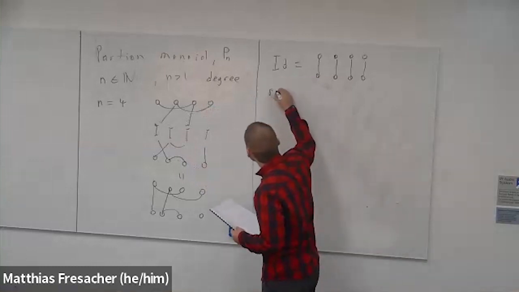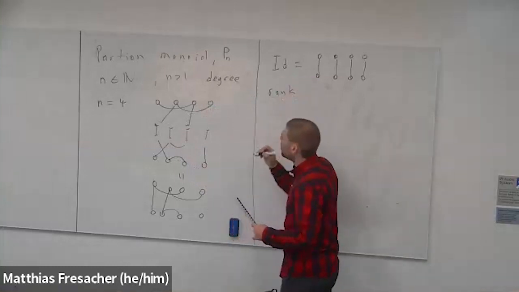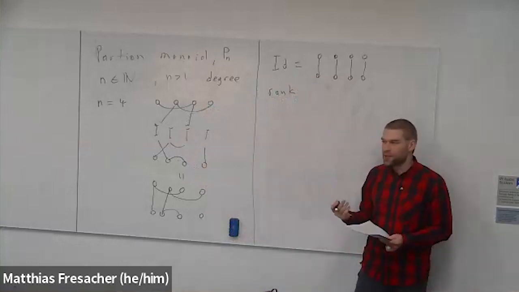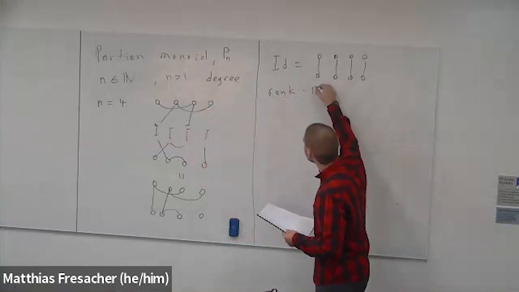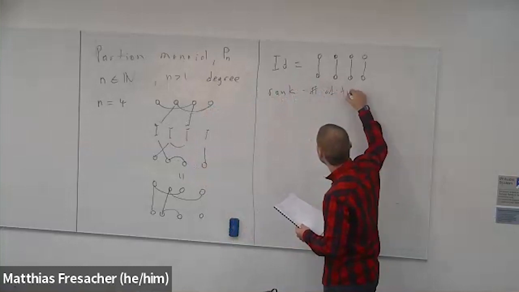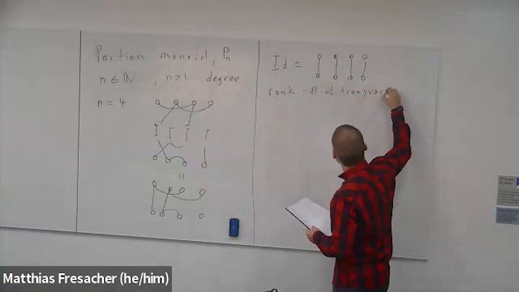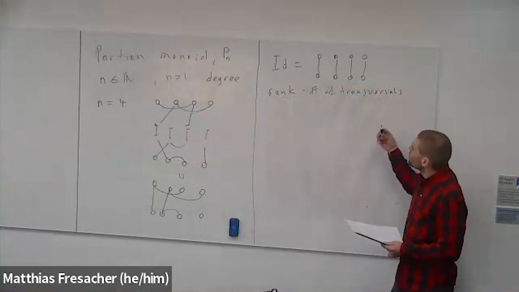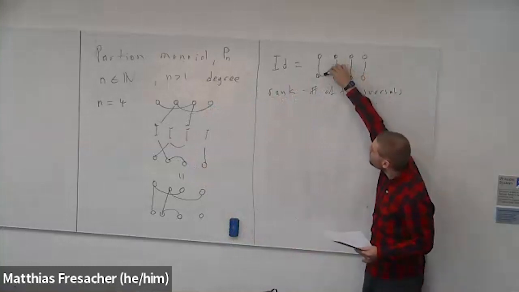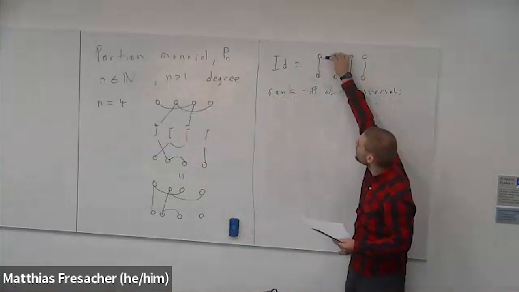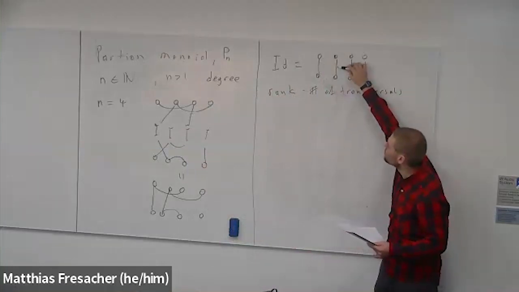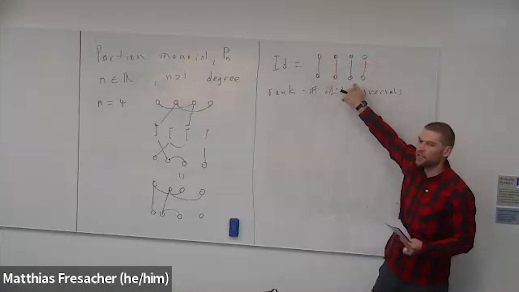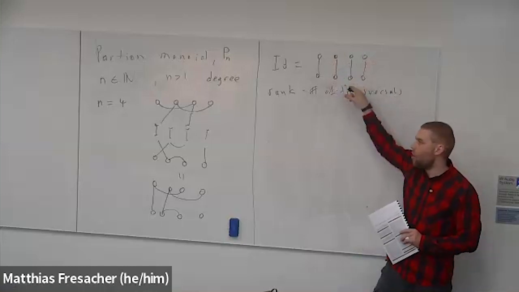One notion that we can talk about is the rank of a particular diagram, and this just counts the number of transversals. So a transversal is an edge that links the top and the bottom. So this would be a transversal 2, 3, 4. So this identity diagram here has got rank 4.